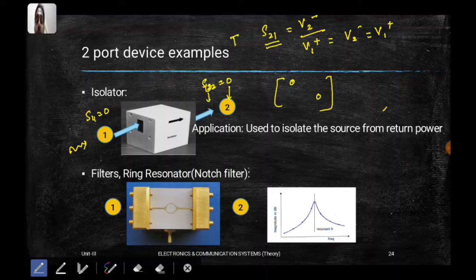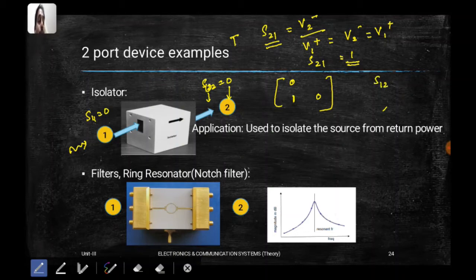In that case V2 minus equals V1 plus, so numerator and denominator are the same. So S21 becomes 1.